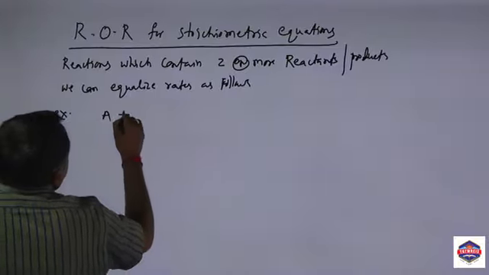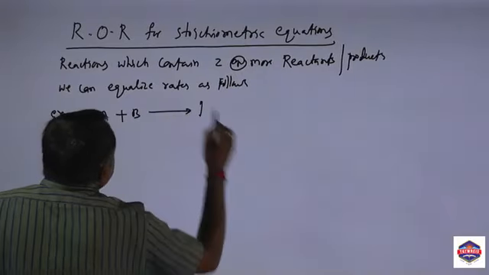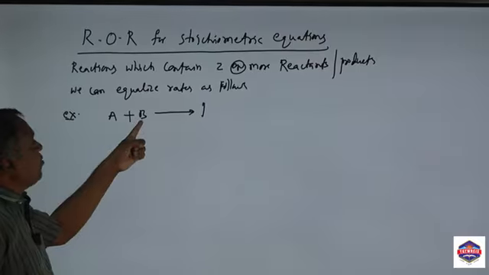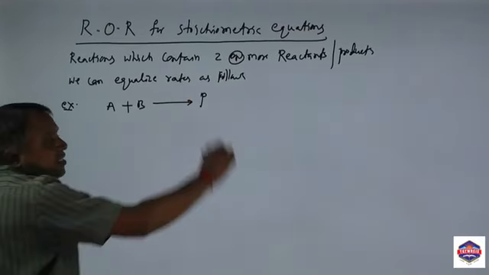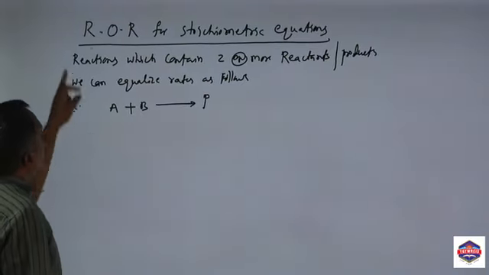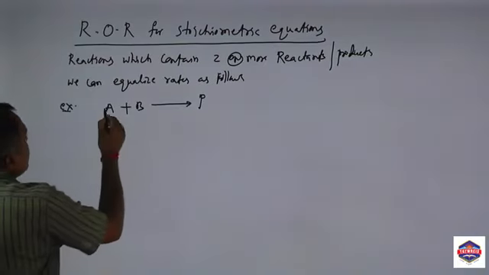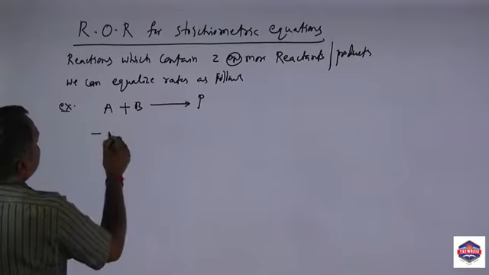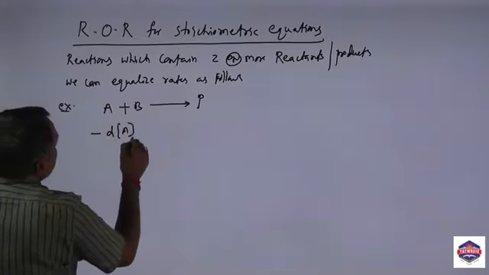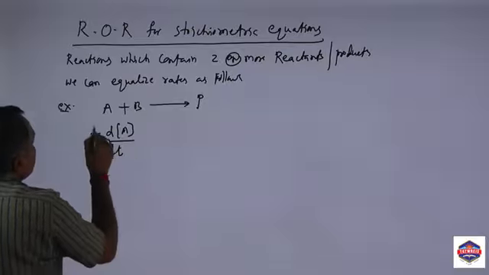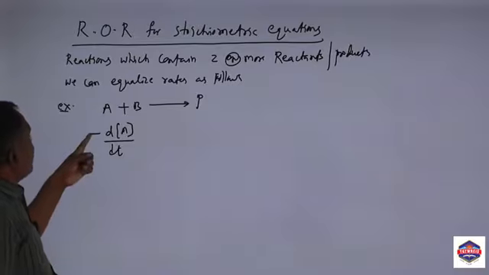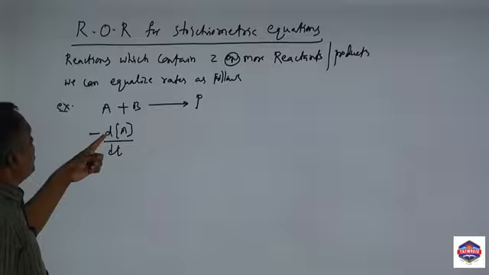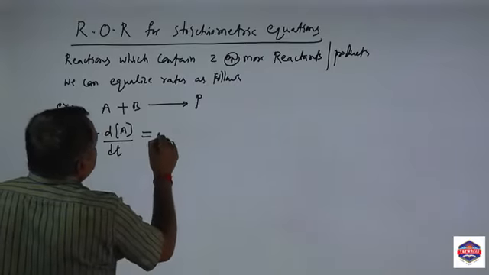For example, take A plus B gives product P. This is one stoichiometric equation. In this equation, 1 mole of A reacts with 1 mole of B to form a single product. So for this reaction, how can we equalize the rates? Now this is the reactant, therefore you place a negative sign before the rate of reactant A, because rate is decreasing, therefore you must place a negative sign before dA by dt, and this must be equal to negative dB by dt.